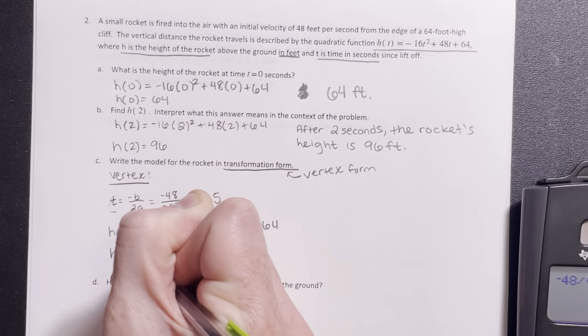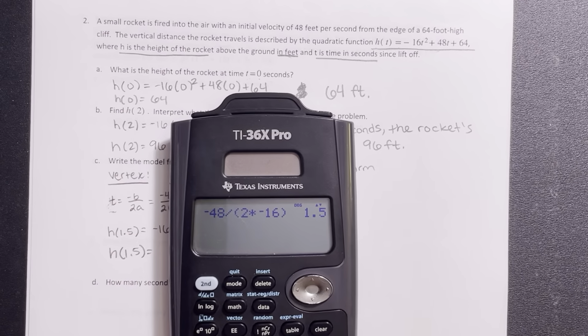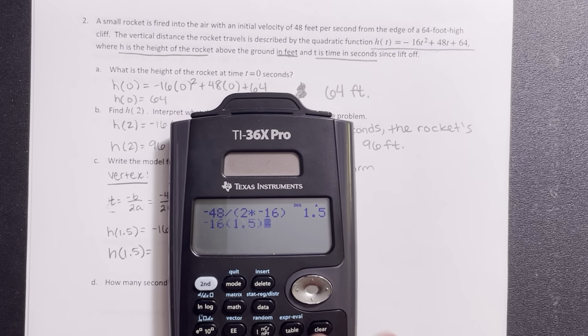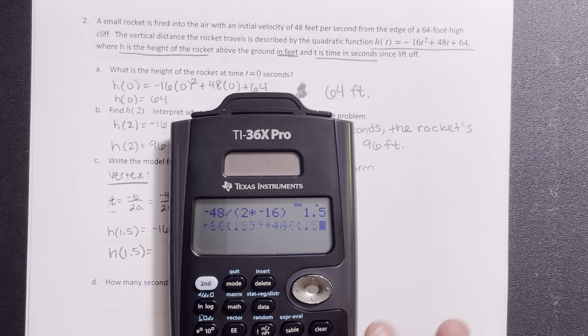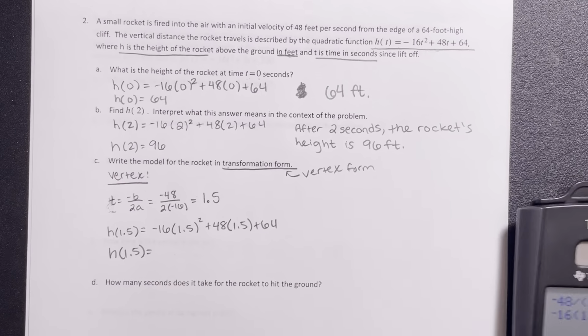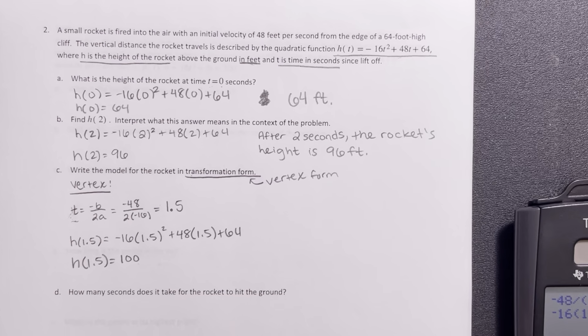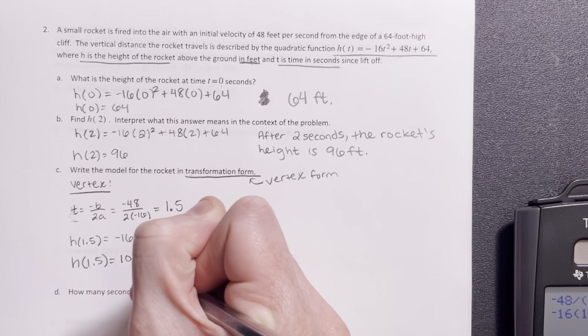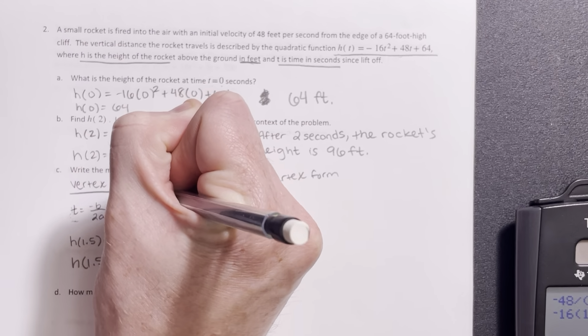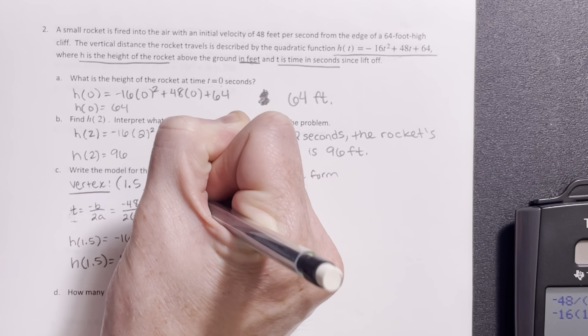And we can find the output. All right, we get 100. This means the vertex is at 1.5, 100.